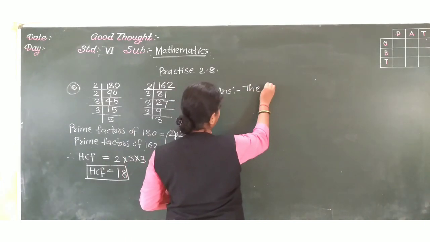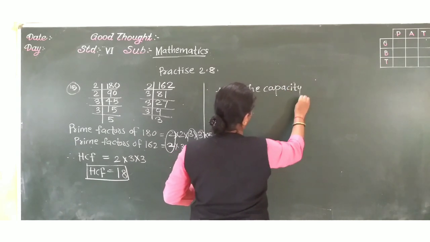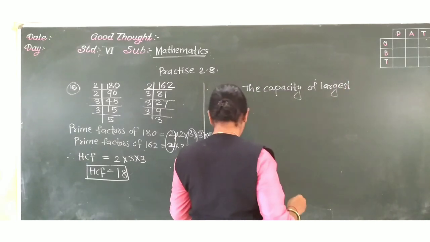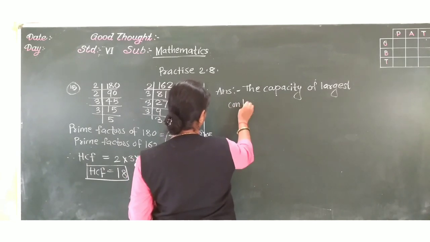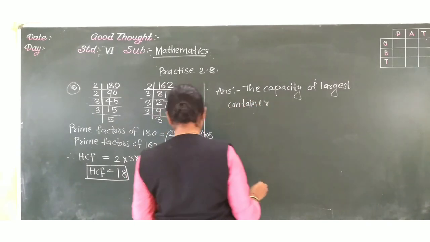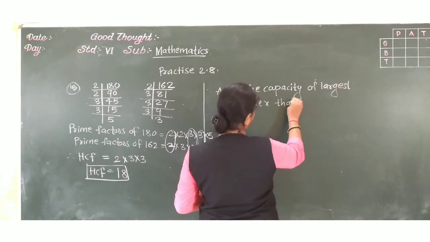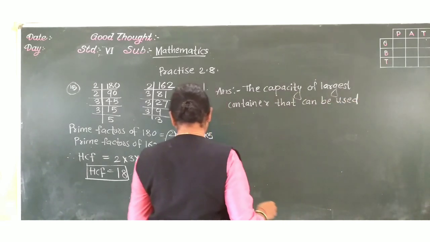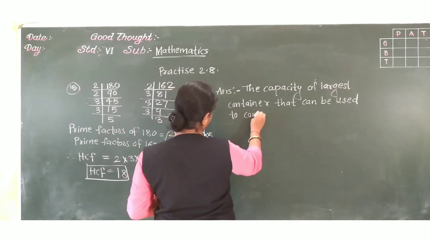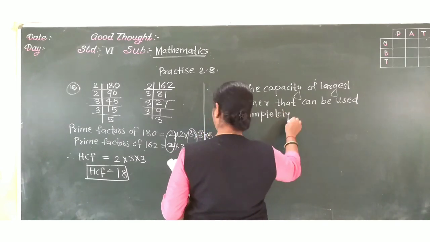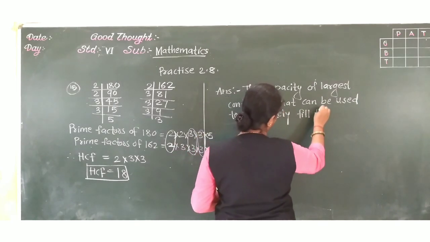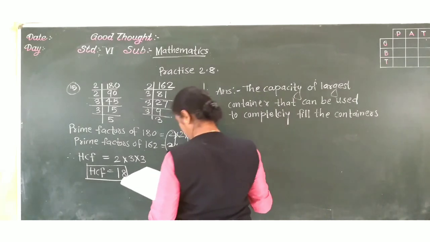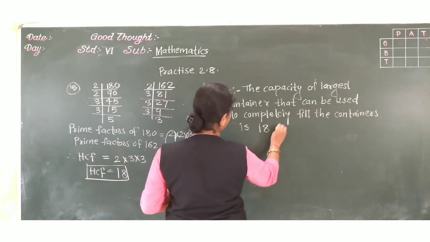Therefore, the capacity of the largest container that can be used to completely fill the containers is 18 liters.